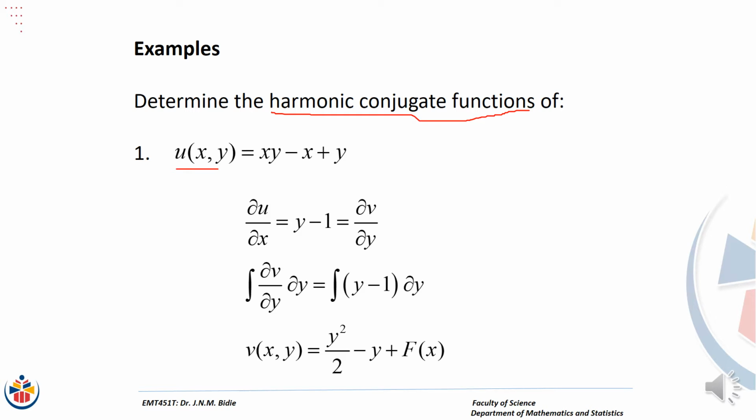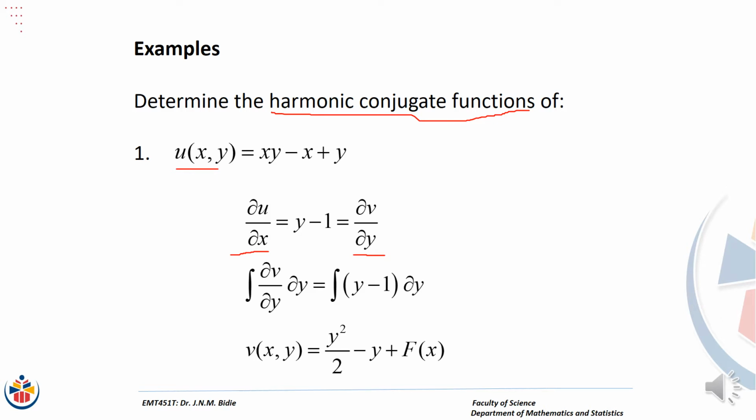Hence, immediately we are asked to find the harmonic conjugate functions. The first assumption is that the mother function is analytic and both u and v satisfy the Cauchy-Riemann equations. Hence, the first step we need to recognize are the derivatives that ought to be equal in terms of the Cauchy-Riemann equations.